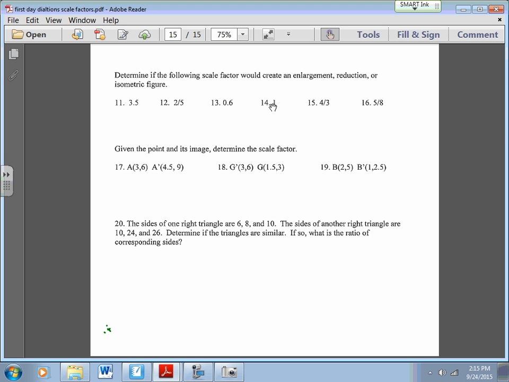And then it says the sides of another right triangle are 10, 24, and 26. So no matter what, there's a miniature version and a big version. They said in the statement, both of them are right triangles, yeah? Okay.